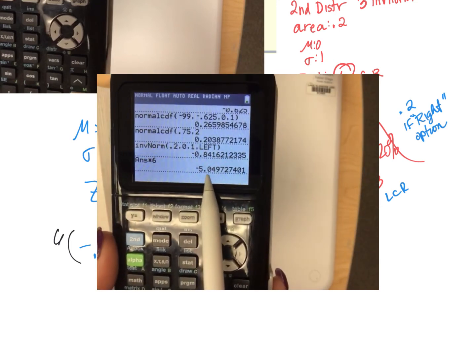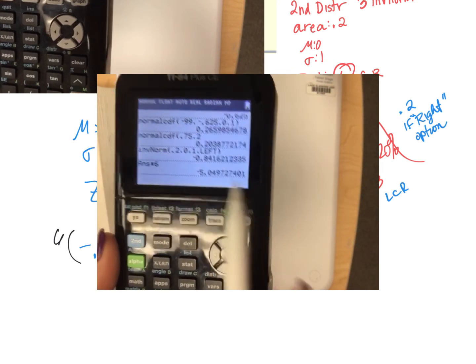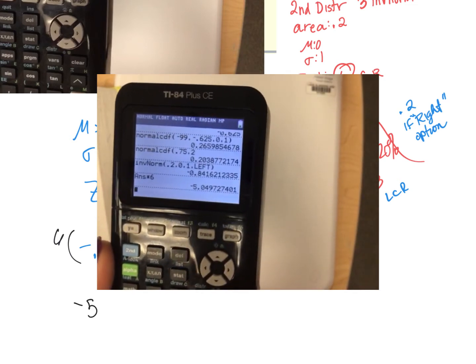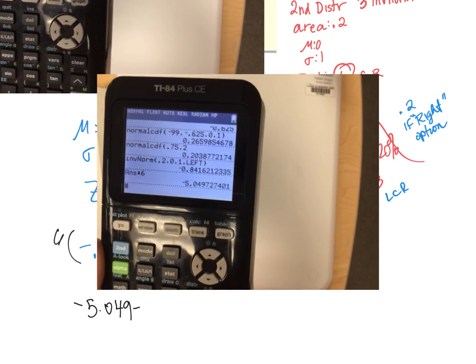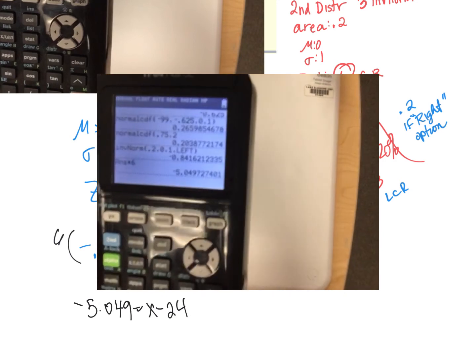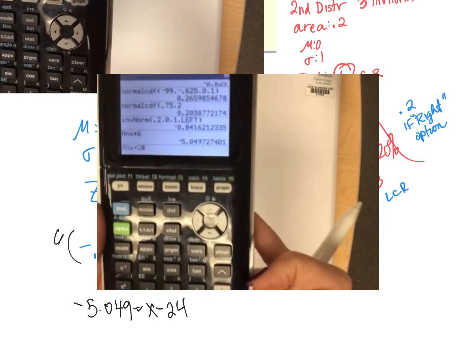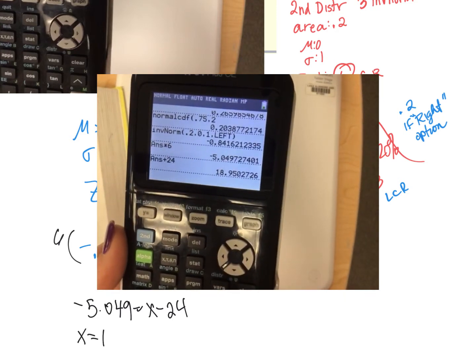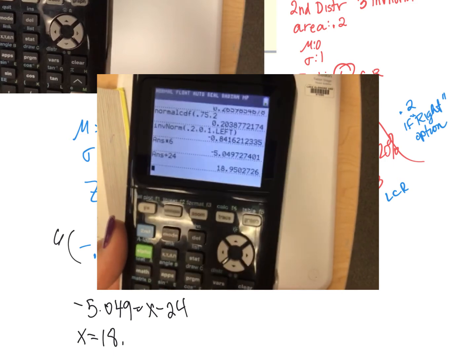And then negative 5.049 is what I'm going to write down equals x minus 24. And then I'm going to add 24. So I get x equals 18.950.